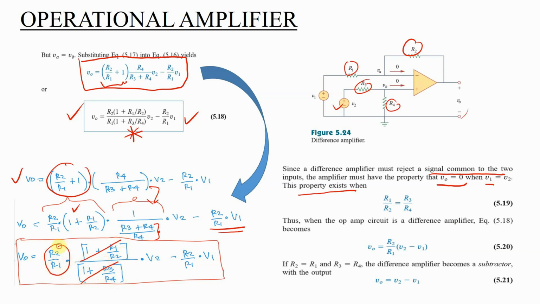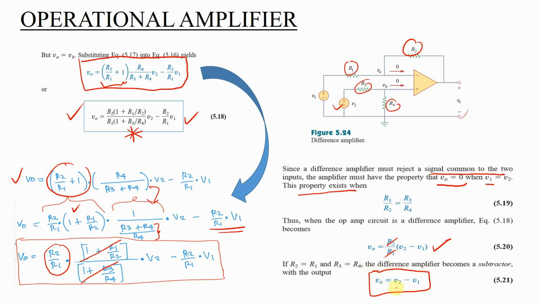So the only thing remaining is R2 over R1 multiplied by V2. We can factor out R2 over R1, so we arrive at this equation, R2 over R1 multiplied by V2 minus V1, right? But if R2 is equal to R1, we can also cancel this R2 over R1. This is a special case when R2 equals R1.